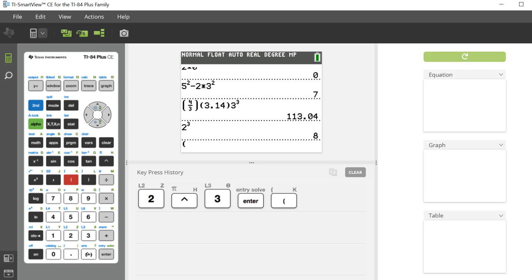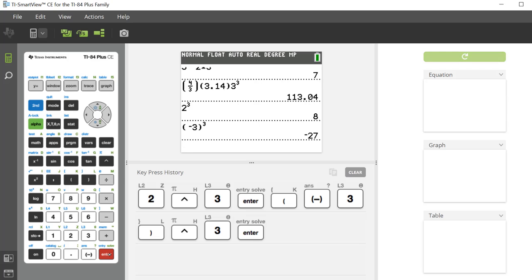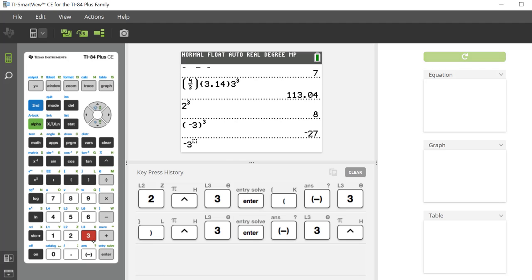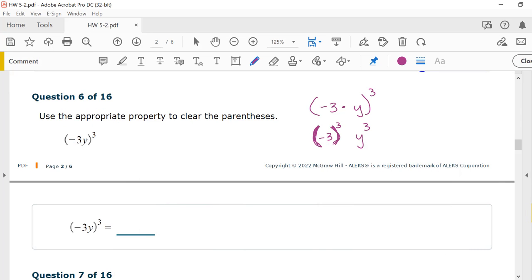So parentheses negative 3 cubed is going to be negative 27. Now, if you typed in negative 3 cubed, you're still going to get negative 27 because it's an odd power. But be careful. It's not the second one. It's actually this first one. So I get negative 27 y cubed.